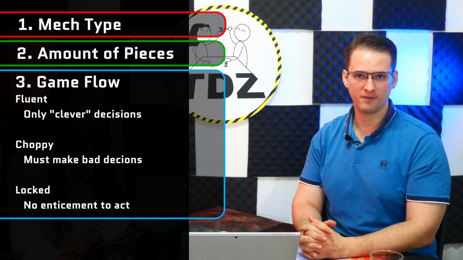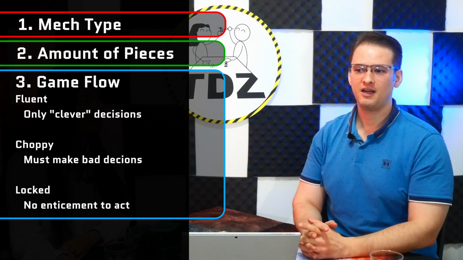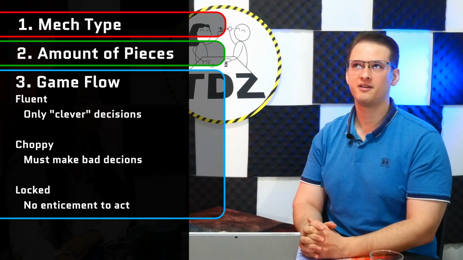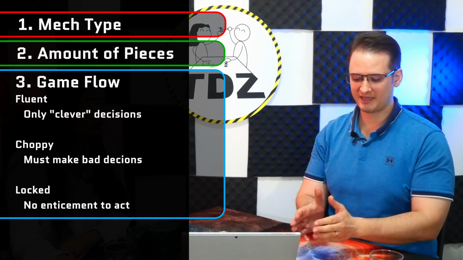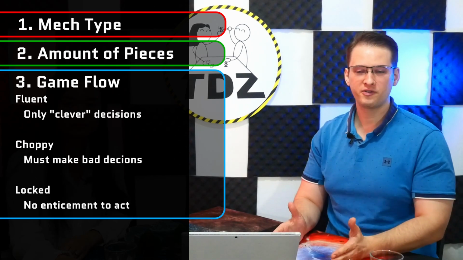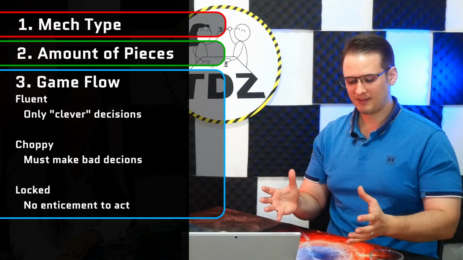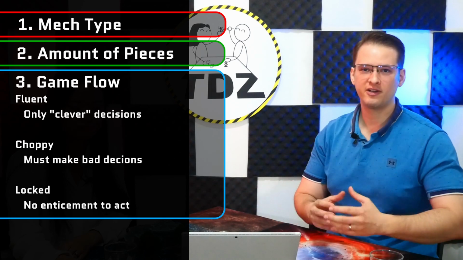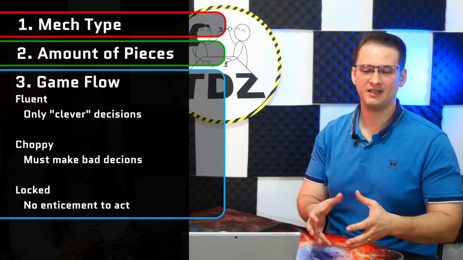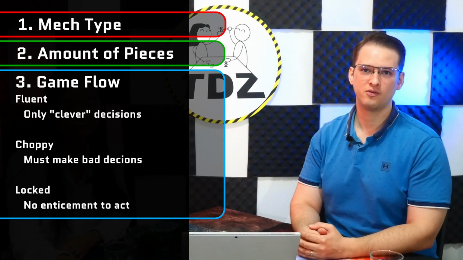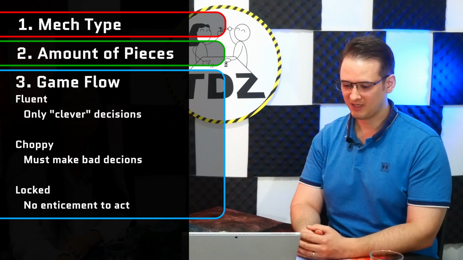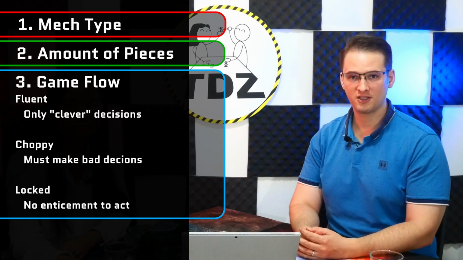And the second one is choppy. Choppy means that from time to time the setup may require that you either get a deadlock where nothing moves anymore, or it's just not very interesting for a player to move one of his mechs unless he wants to sacrifice it. And the last one is locked.